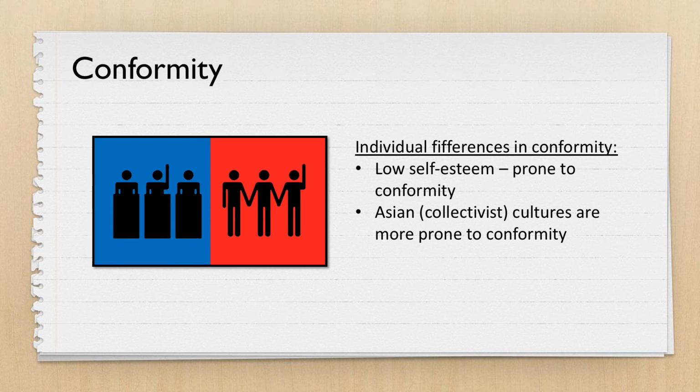And speaking of cultural differences, Asian people from collectivist cultures are more prone to conform than people from individualistic cultures. Interestingly, there is no significant gender difference. Men and women are equally likely to conform. Some of us may have the impression that women are more likely to conform, but research shows that this is not the case.